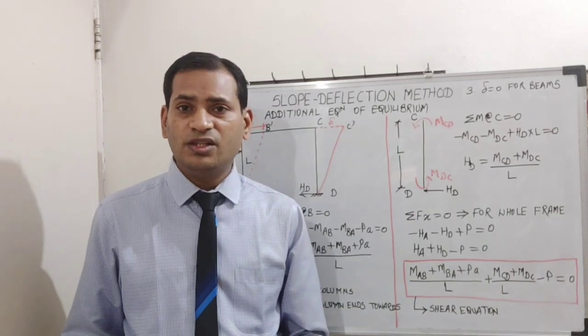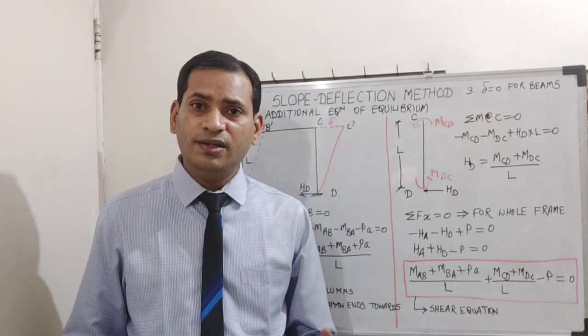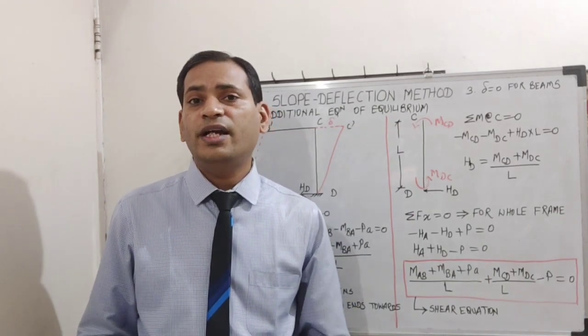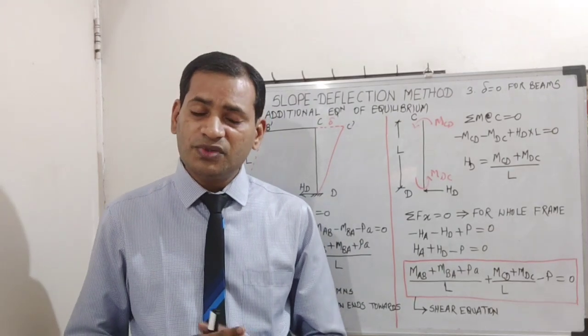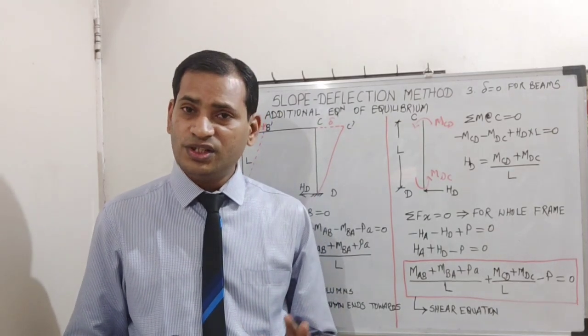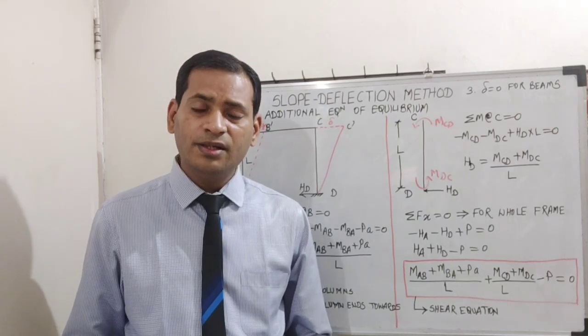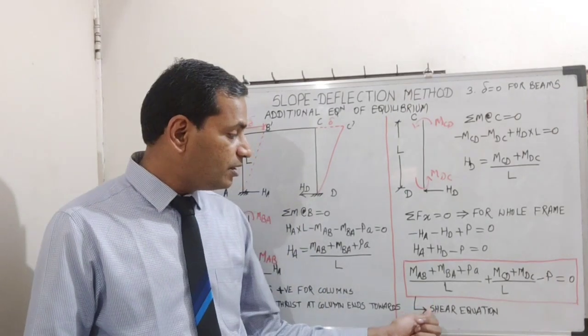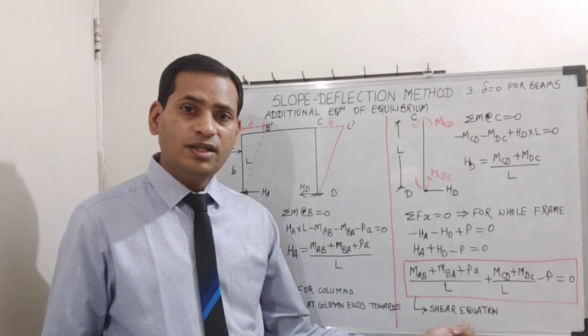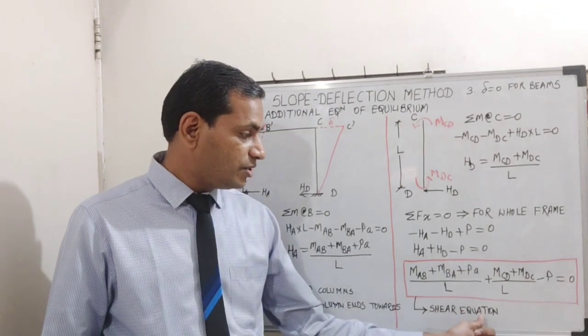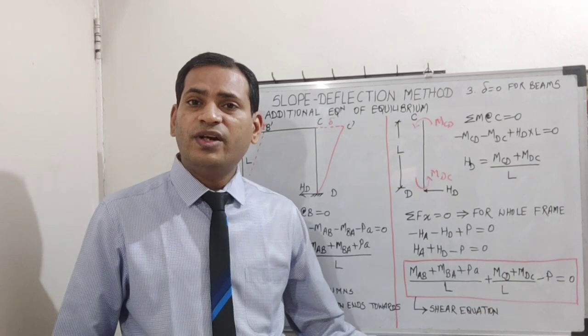MBA plus MBC is equal to 0, which is on joint B if theta B is unknown, and if theta C is unknown, MCB plus MCD is equal to 0. So these are two equilibrium equations, two conditions of equilibrium, and this is the third additional equation of equilibrium, the shear equation.